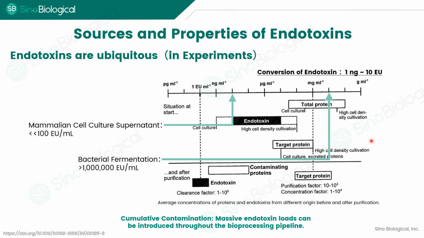However, in reality, achieving a truly endotoxin-free environment is almost impossible, because endotoxin will accumulate during production. For example, water quality is one of the critical issues, and even small amounts of endotoxin introduced through water can accumulate to a big amount in the process, compromising the purity of the final product.